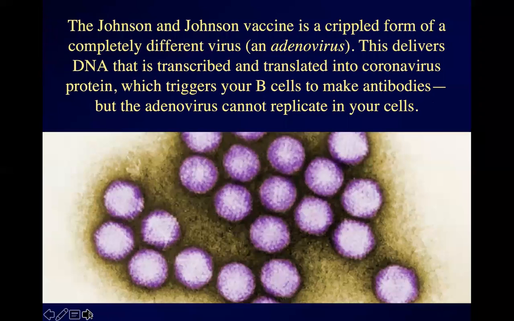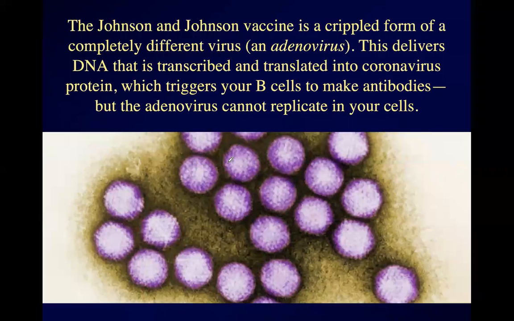If you got the Johnson & Johnson vaccine, that's actually a crippled virus. You're getting a whole virus injected into you. That virus contains DNA that's transcribed and translated into coronavirus protein, and the coronavirus protein triggers your B cells. But the adenovirus, since it's been crippled, can't replicate in your cells.